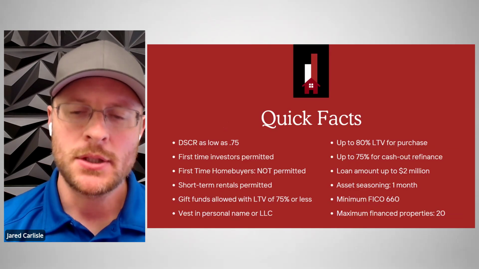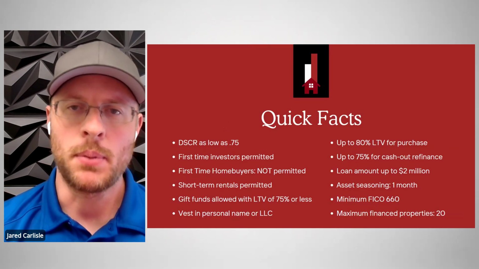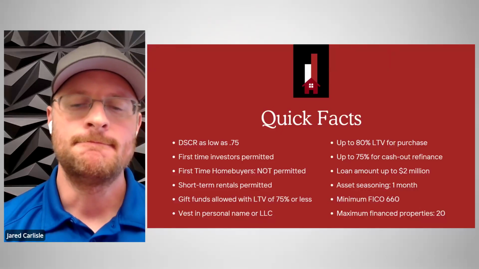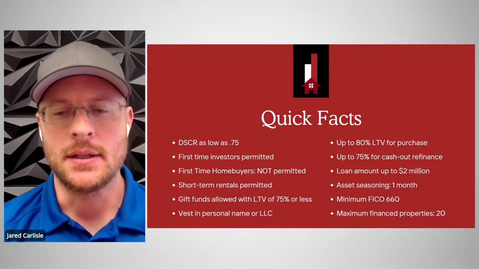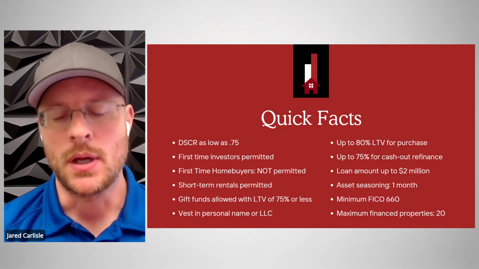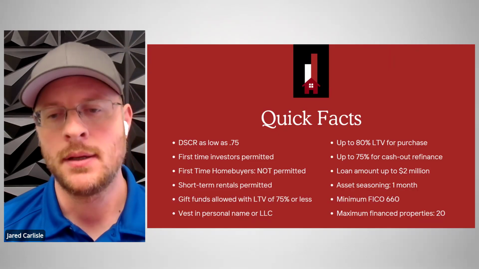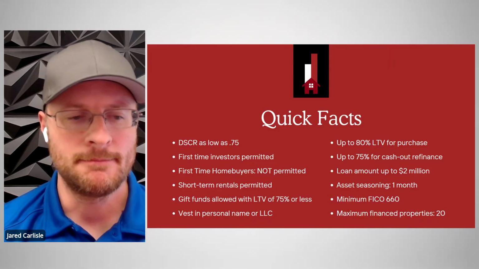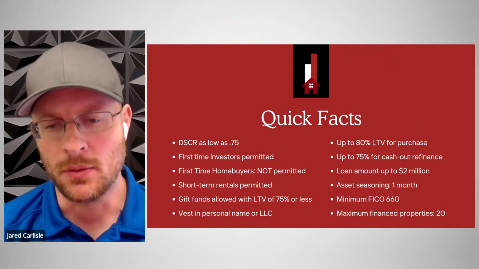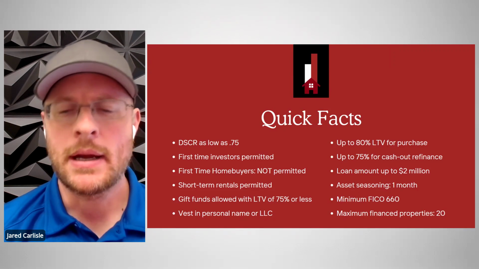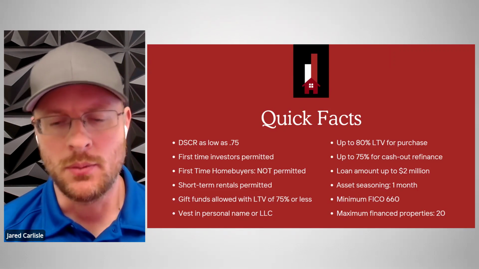You can go up to 80% LTV on a purchase, and then up to 75% LTV for cash out refinances. So in other words, you would need between 20 and 25% down, depending on the purpose for that loan. The loan amount can get up to $2 million, so they're not going to do more than that.